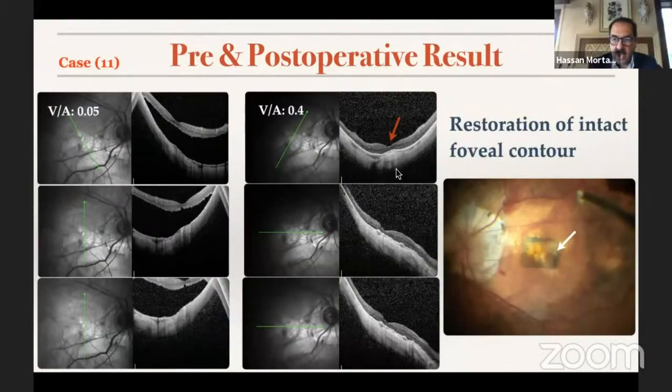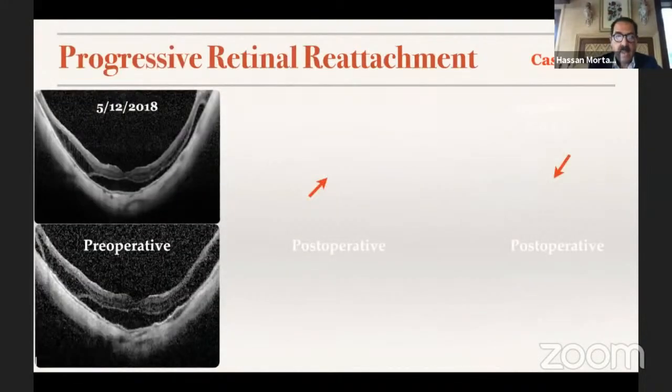And this is the post-operative. There was restoration of the foveal contour, and the vision improved to 0.4. Progressive retinal reattachment: this case started with this OCT.